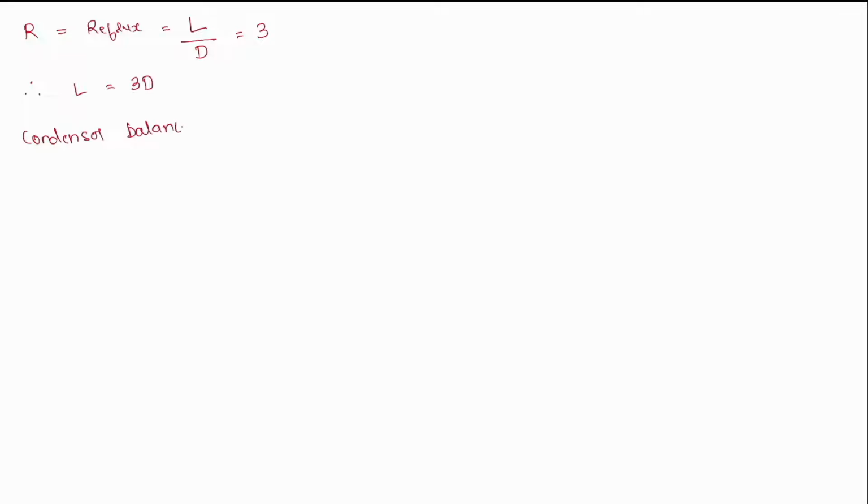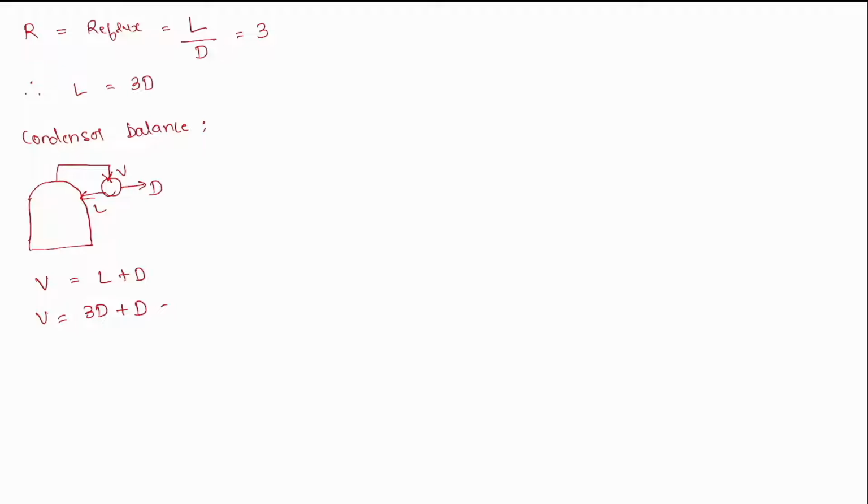Now let's go to a condenser balance. This is the condenser, with the distillate D, the liquid L and the vapor V. The balance is V is equal to L plus D. So this is the condenser mass balance. Whatever vapor V is coming into the condenser is equal to the liquid that is going out plus the distillate that is going out of the condenser.